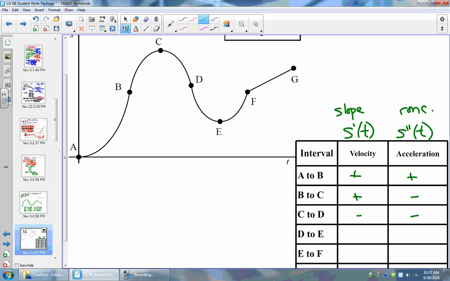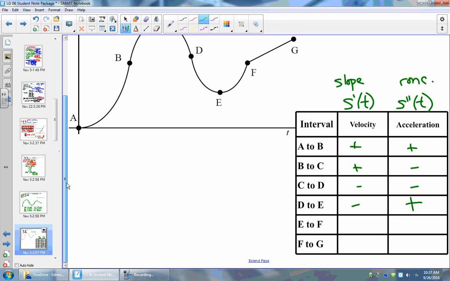From D to E, my slope is still negative, but my acceleration has to be a positive. From E to F, again, positive slope and positive acceleration. And F to G, I've got a positive slope. However, it is a constant, so therefore there is no acceleration.